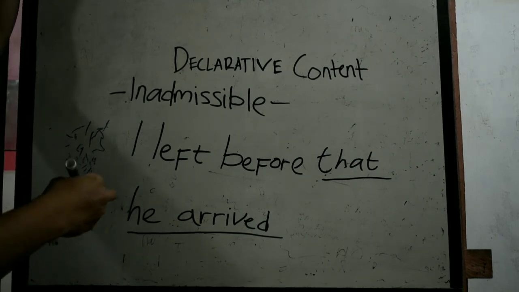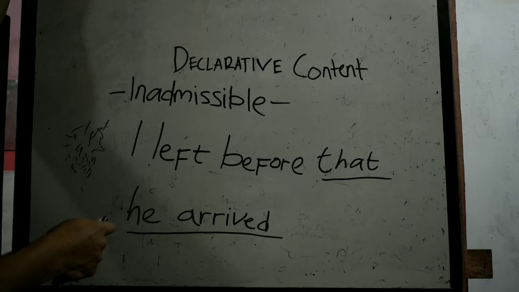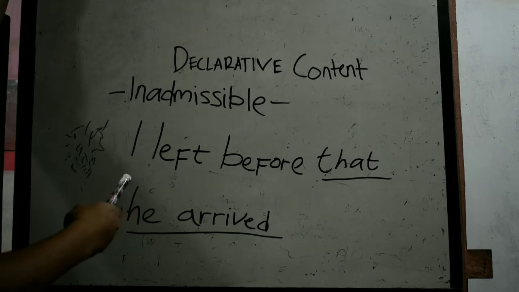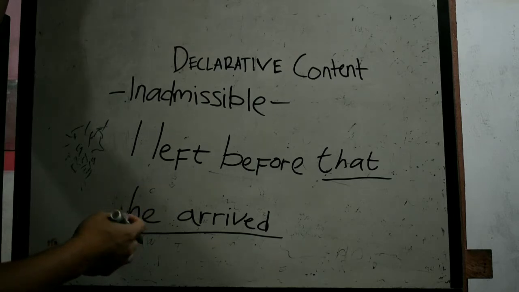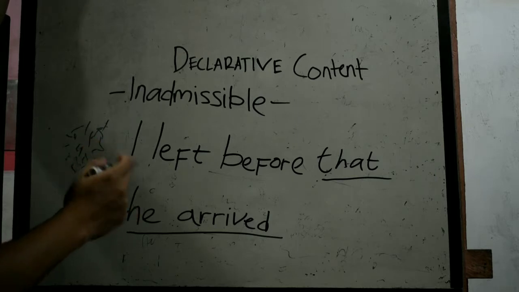Next is inadmissible. We can say inadmissible if that is subordinated with a particular preposition. Only a few prepositions allow that: notwithstanding, in order, provided, given, except, in, and before.